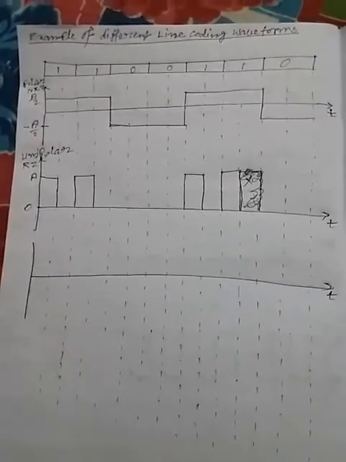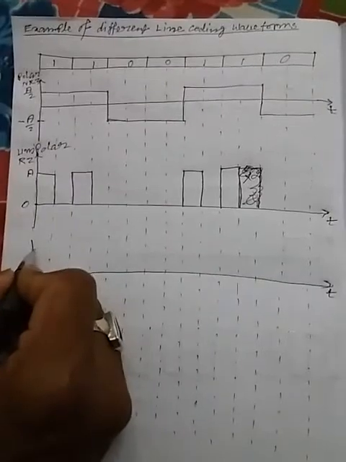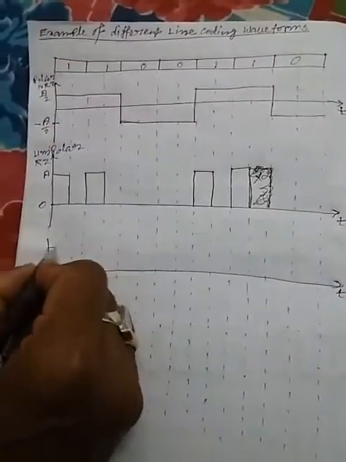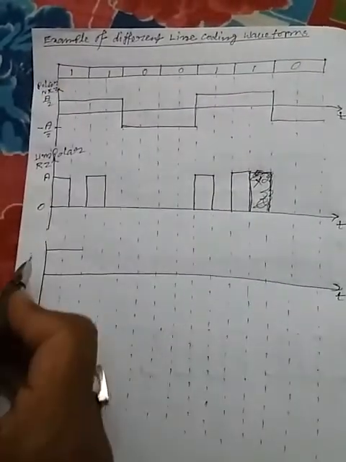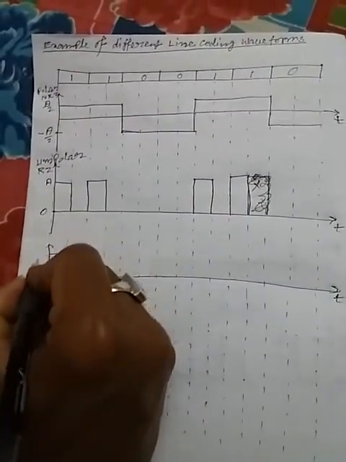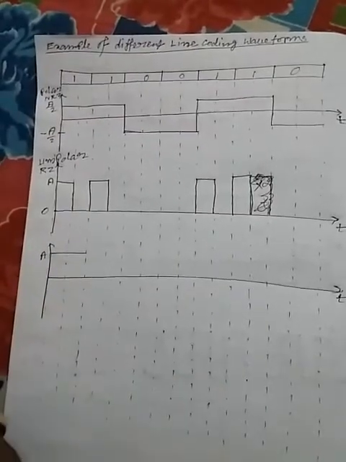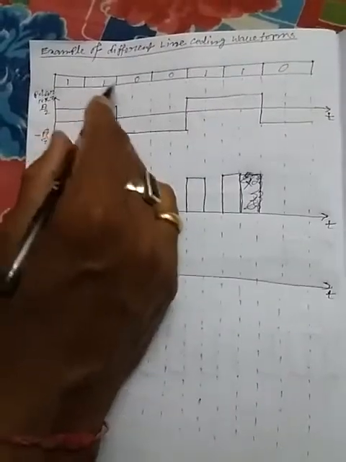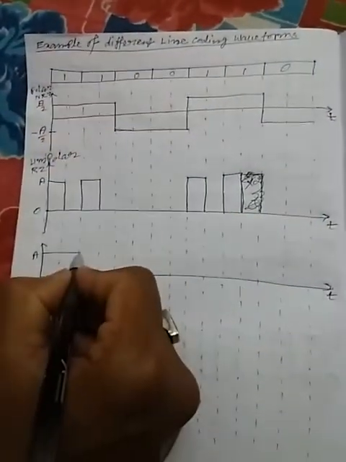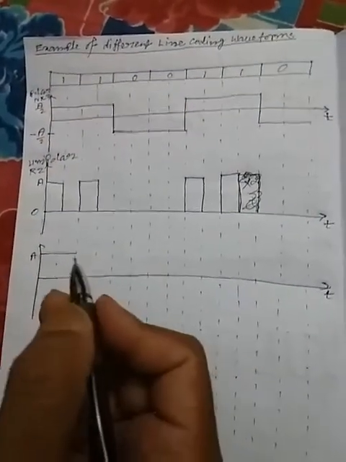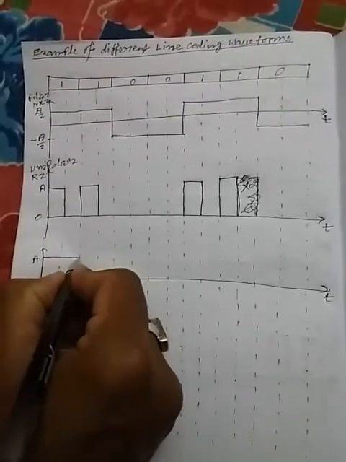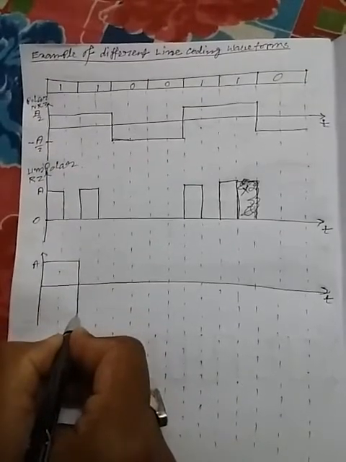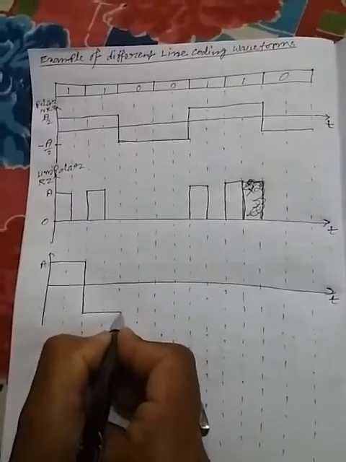Suppose this is non return to 0, then the full amplitude will be A for 1. So when the bit is 1, the amplitude will be positive A, and in the next 1 it will just invert its value into minus A.